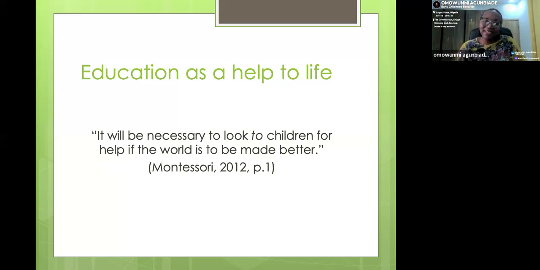Why is she saying that we should look to children for help if the world is to be a better place? The reason is because the child is endowed with unknown powers, the potential of an enigma to become anything they desire. This potential guides us to a radiant future.